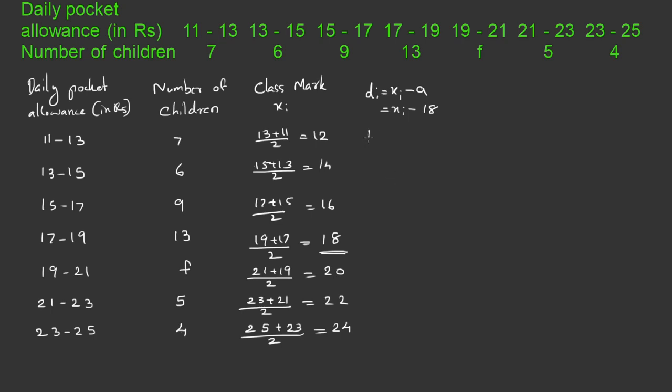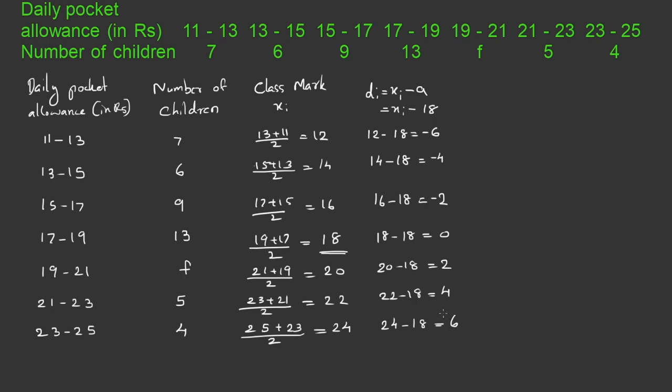For the first case, di is equal to 12 minus 18, that is equal to minus 6. Now, 14 minus 18 is equal to minus 4. 16 minus 18 is equal to minus 2. 18 minus 18 is equal to 0. 20 minus 18 is equal to 2. 22 minus 18 is equal to 4, and 24 minus 18 is equal to 6.